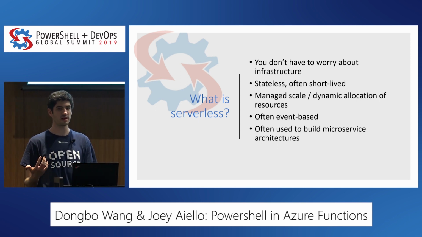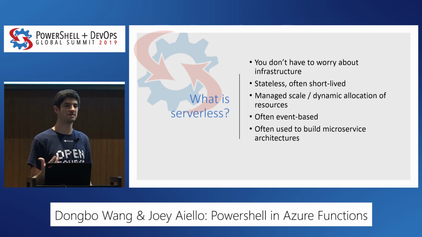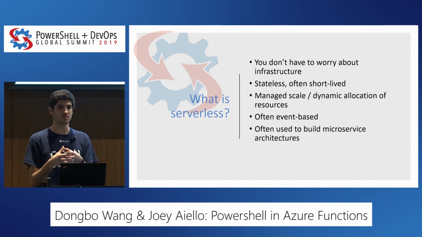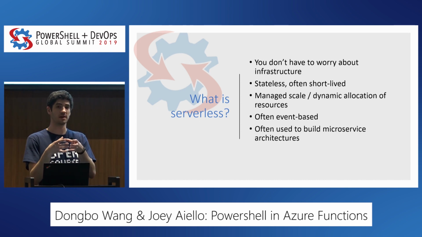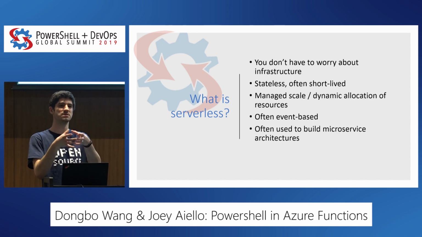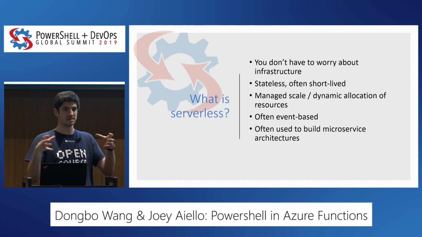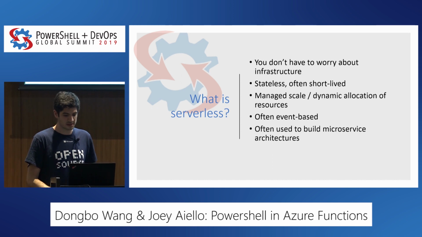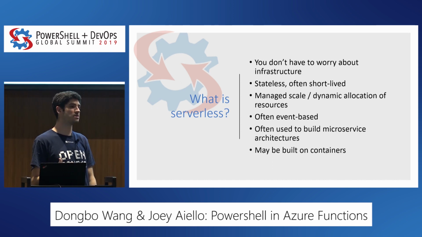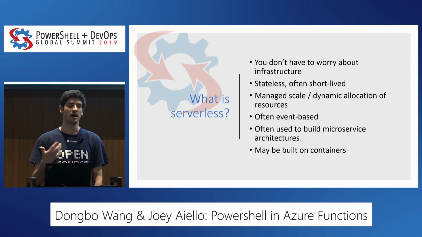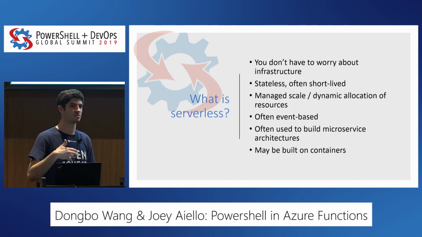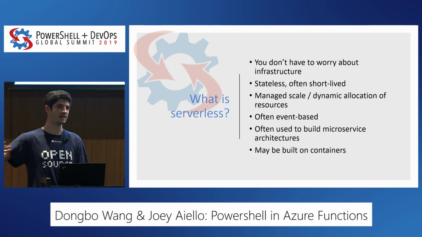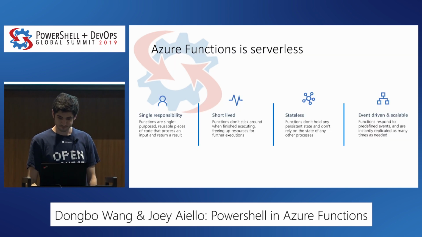So because these things are short-lived, because they don't have state, you're usually compartmentalizing into as many units as you can. So you're sort of decomposing your architecture into smaller pieces. And then often these are built on containers. So you'll see a lot of these function-type services more and more supporting Docker containers or supporting an export to a Kubernetes cluster or what have you.